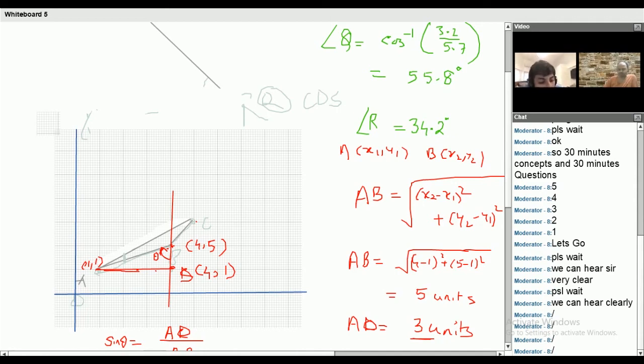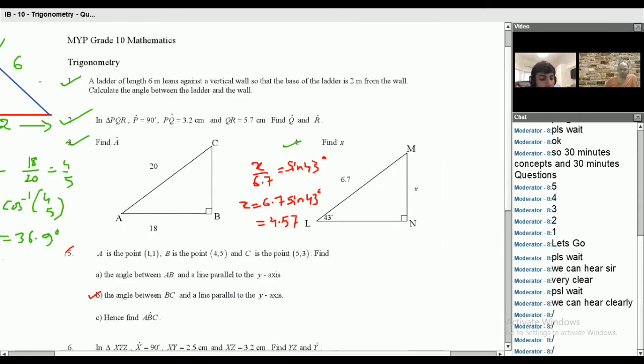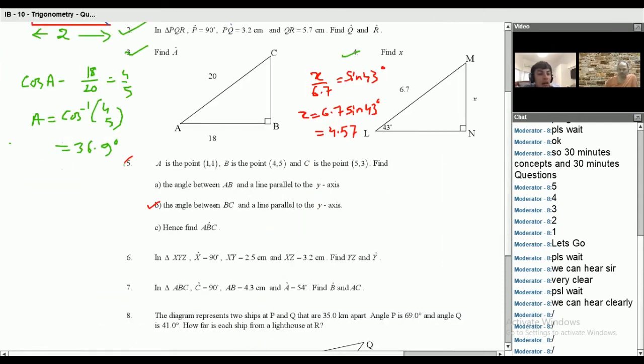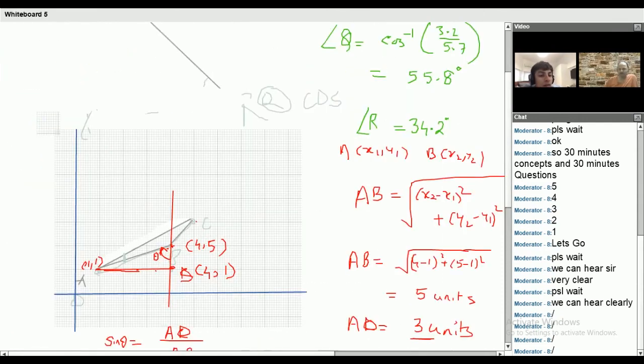So how will you find the angle between these two? So we have to find its angle. Angle between BC and a line parallel to y-axis. So where is B? Oh, this is B. This is C. Okay.